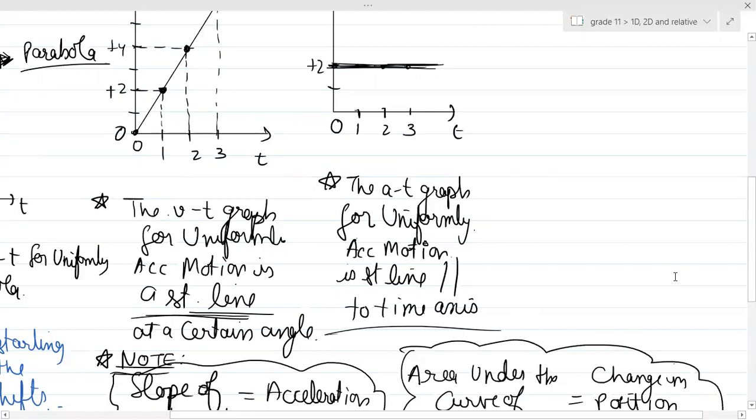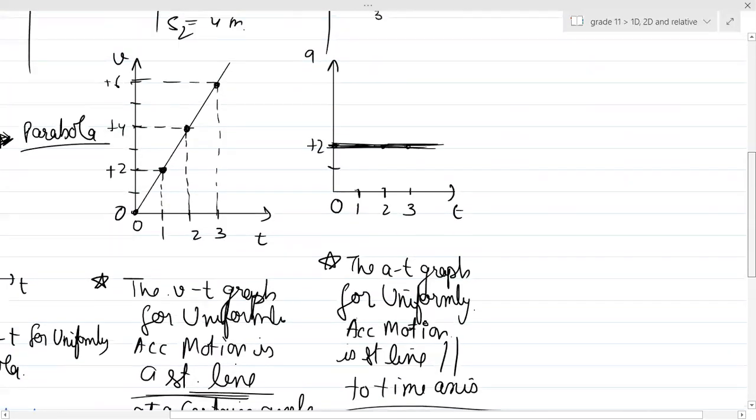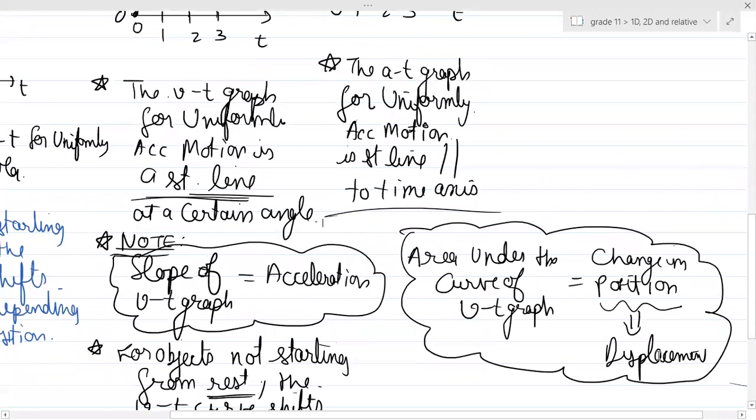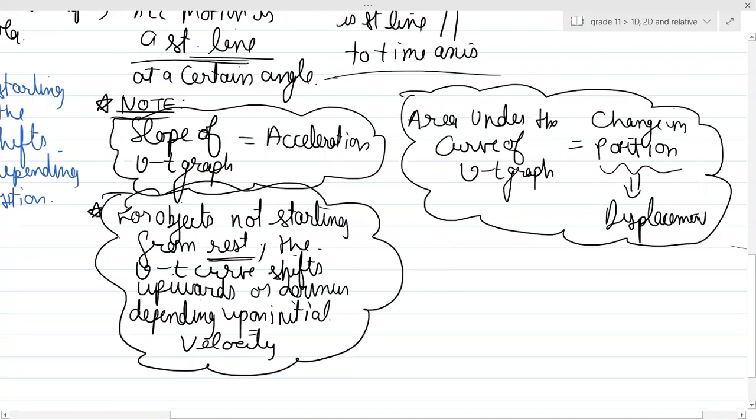Shall we go to the second graph? Yes, sir. Now I won't be able to do that much analysis. This is the first graph, that's why I wrote this much analysis. This analysis which I'm doing over here, can you see this boxed thing? This thing is common for every graph. This thing is also common for every graph.